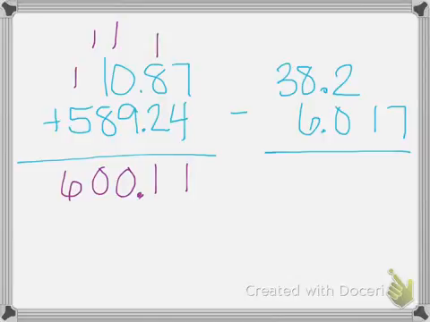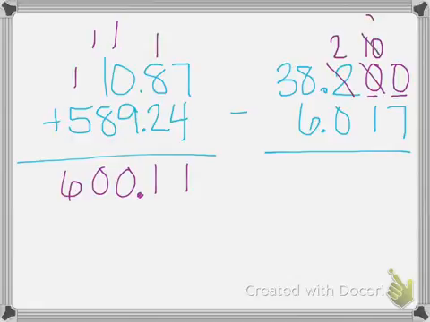The next one, 38 and 2/10 minus 6 and 17/1000. We have to line up our decimal point. The only thing is, we have nothing here or here, so we need to add zeros. 0 minus 7 we can't do, so we have to borrow. Since we can't borrow from the 0, that needs to become a 2 and a 10.